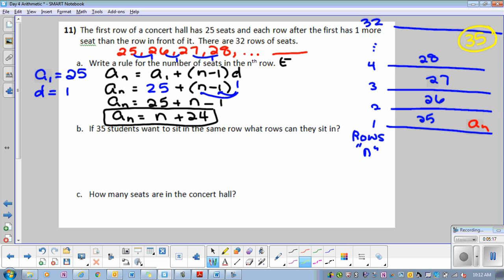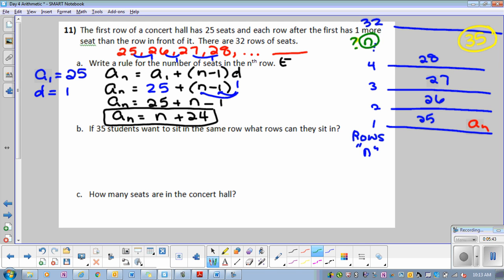So then what are we looking for? Are we looking for a sub n or are we looking for n? n. We need to know n, right? And plug it in. Well, we know all the n's, but which n can they sit in so that all 35 of them can sit there together?